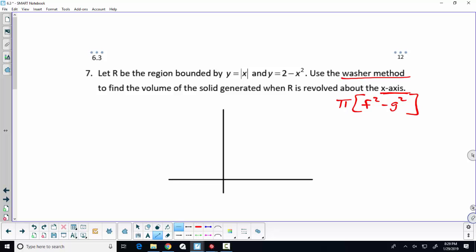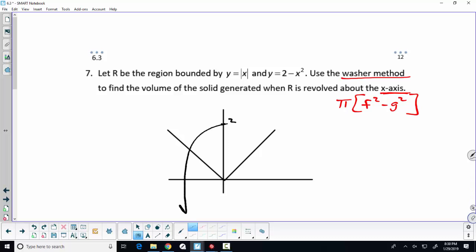So we have our absolute value, and we have our function 2 minus x squared. So the region bound by those two curves is this ice cream cone in the middle, or the snow cone.